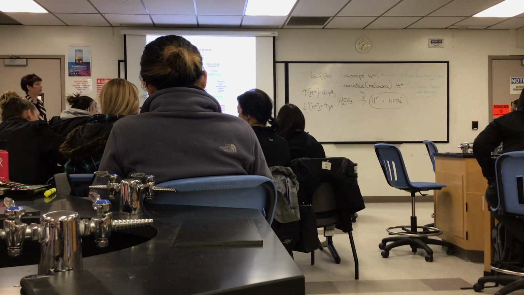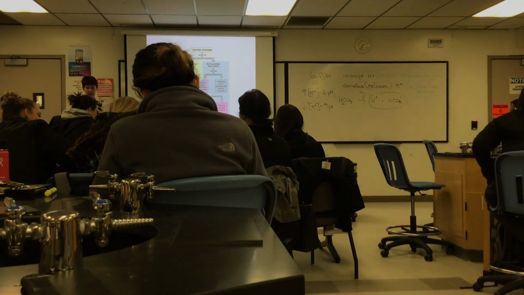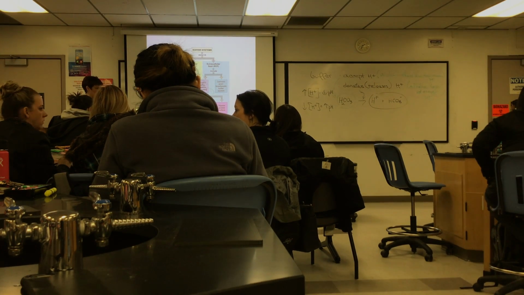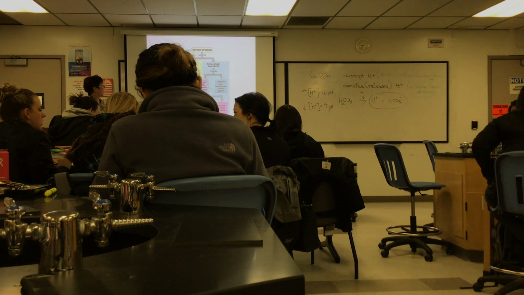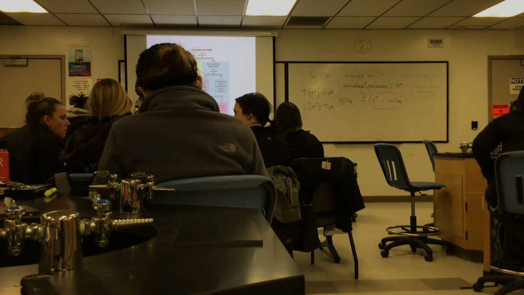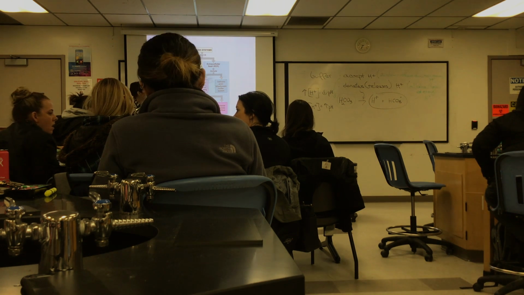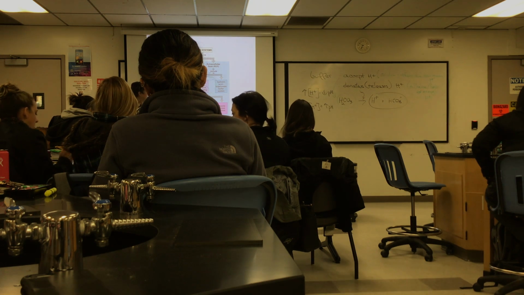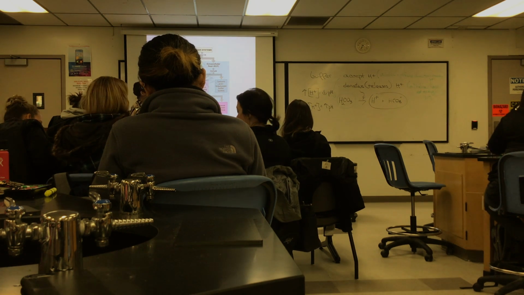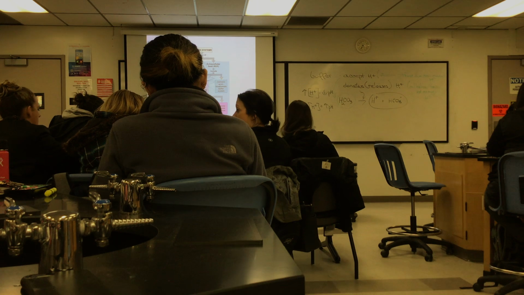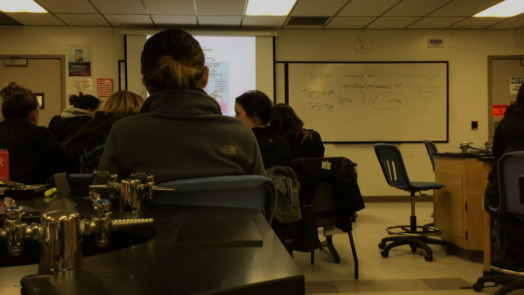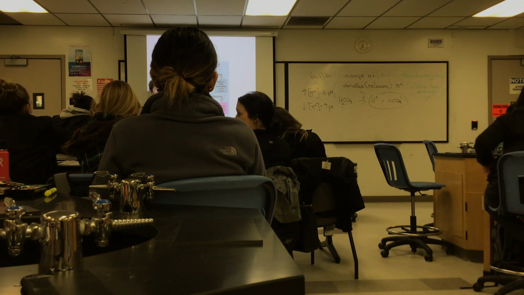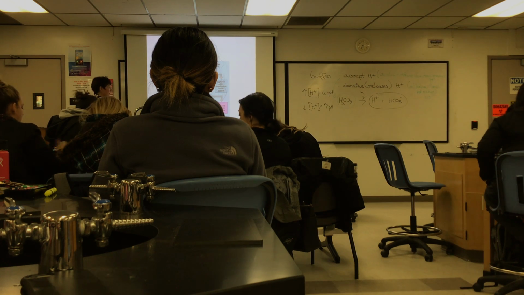So these are the major buffer systems that we see in the body to help the body maintain that narrow range. Typically inside the cell, we have phosphate buffers, and we have proteins, which can be either inside the cell or in extracellular fluid. Carbonic acid is our major extracellular fluid buffer.